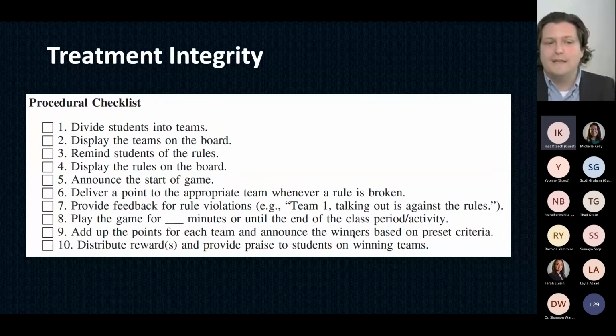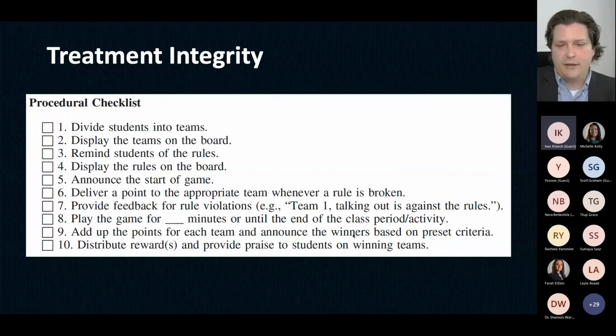The other way that you can collect treatment integrity in the good behavior game, that's seen a lot less research, is when you're looking at the procedural checklist. So the different components of the good behavior game that need to be completed in order to have done 100% of the steps in the game. Here I have an example of a procedural checklist.